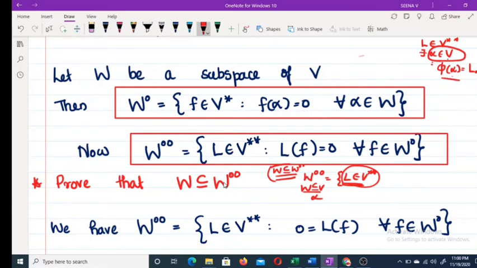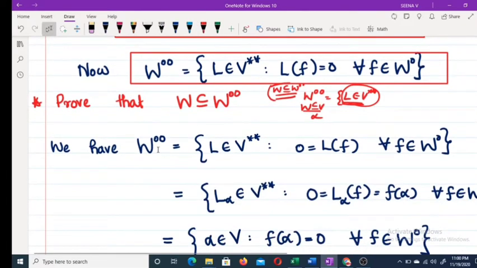So here we are identifying V double star with V. Similarly, now moving to W double naught: for every L belongs to V double star, there exists an alpha belongs to V such that L is equal to L alpha.